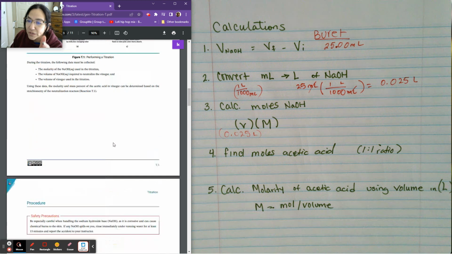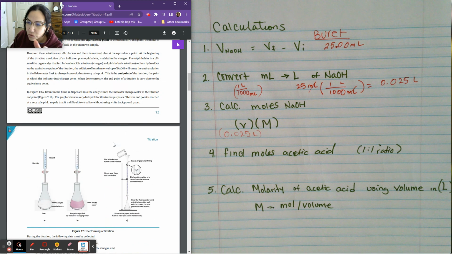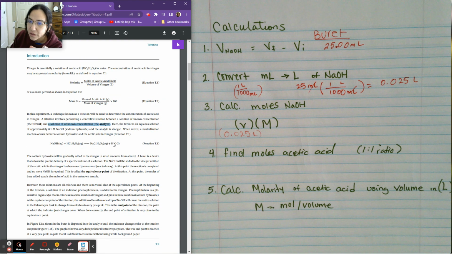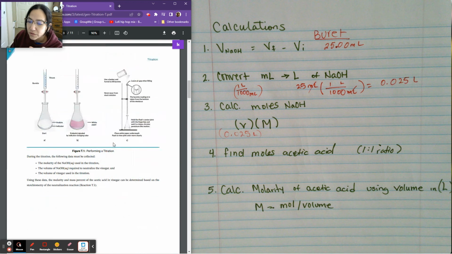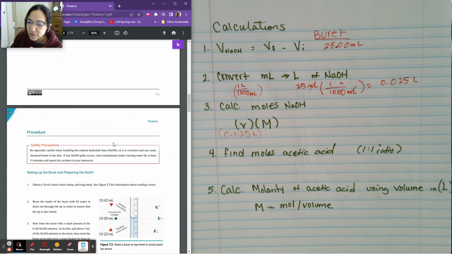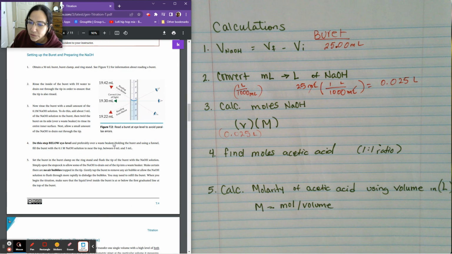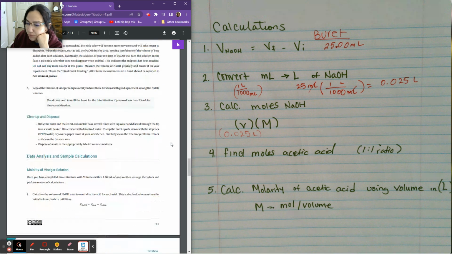That was actually given to us up here somewhere. We just got to find it. Hopefully I'll find it for you guys. Here it is. The concentration is given to us as 0.1 molar.